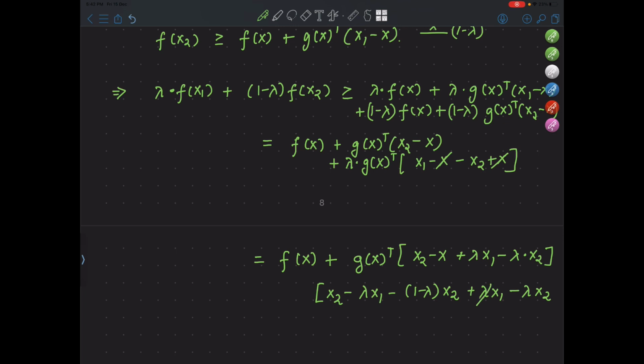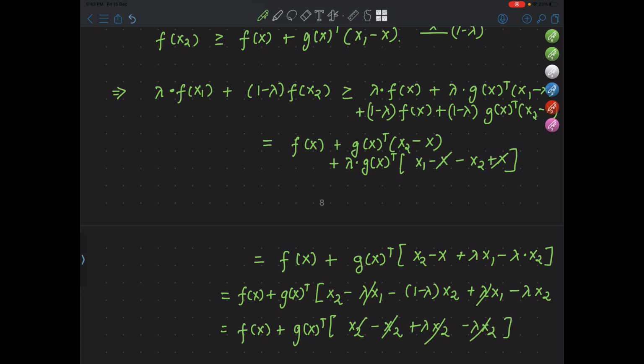So we can see lambda x1 gets cancelled, and we are left with x2 minus x2 plus lambda x2 minus lambda x2.